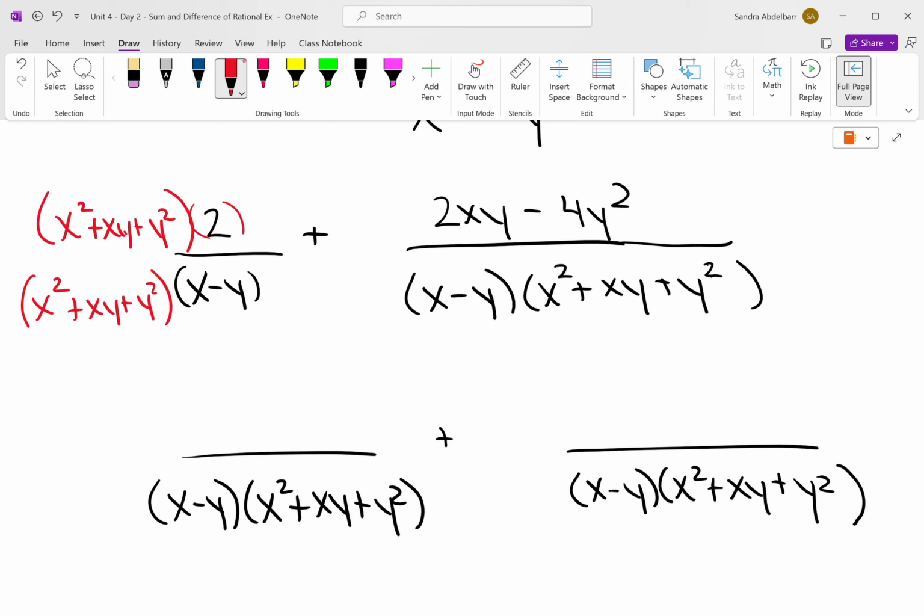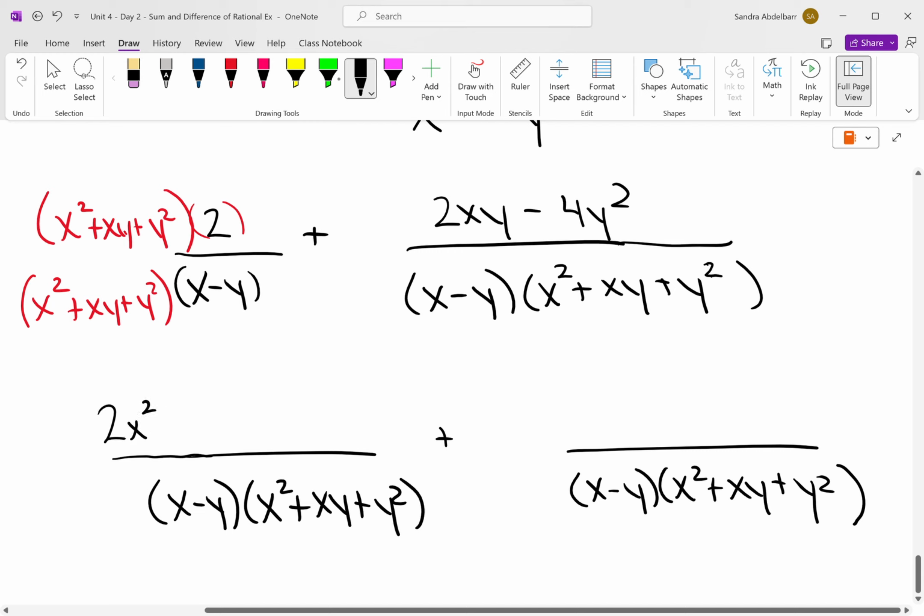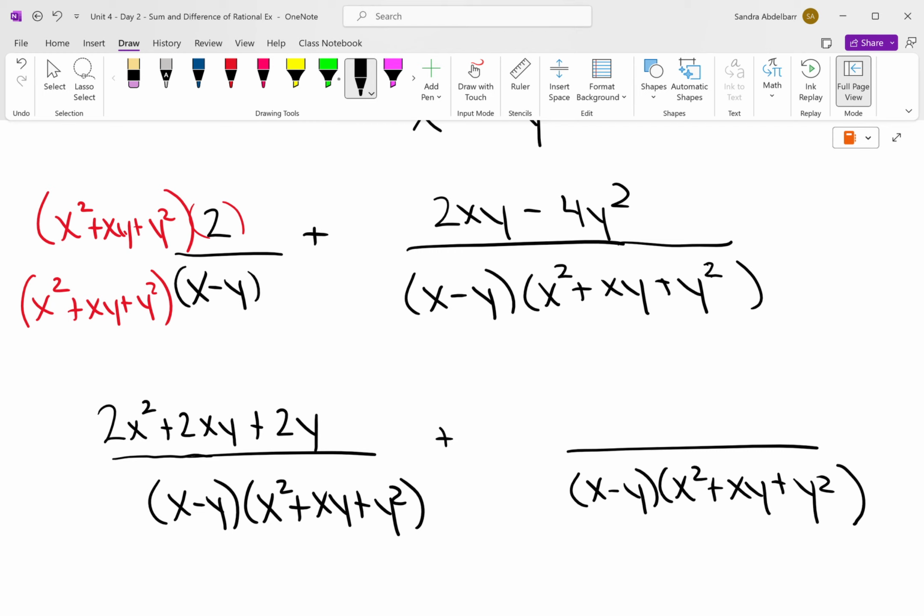And I'm going to distribute in that 2 right away. So we are going to have 2x squared plus 2xy plus 2y squared. And the other numerator stays the same because we already had that denominator.